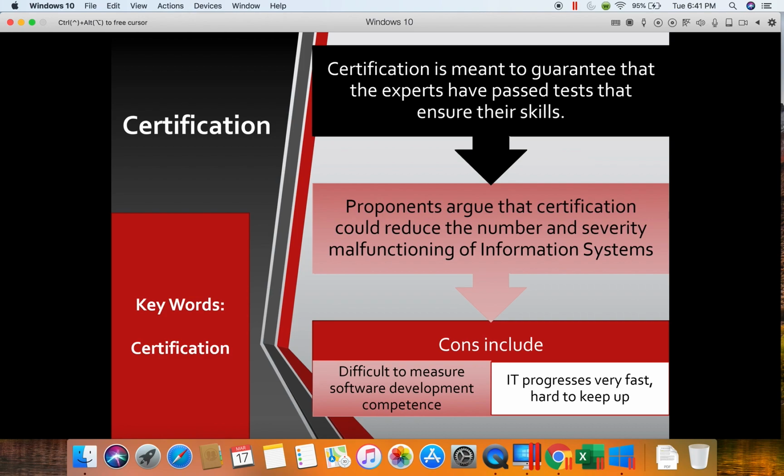So proponents of certification feel that this certification could reduce the number and the severity of malfunctioning information systems. They believe that certifying would allow people to be better able to hire people with required skills, and they would be better able to evaluate someone's expertise even if they do not have that expertise themselves.